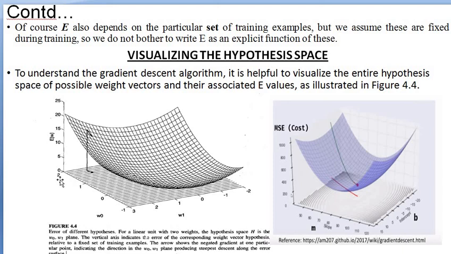We have 4 values, 2, 1, 0 and -1, and for W1 we have 6 values. Here we have maximum error, and as I change the weight values, the error comes down. And at a particular point we will get the error as 0.